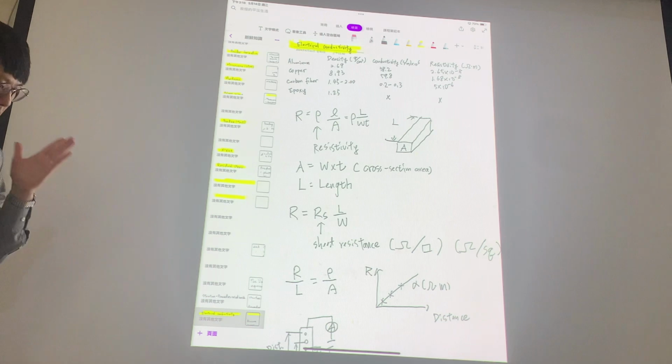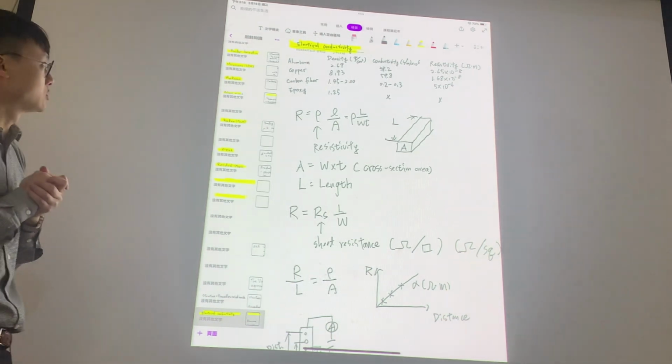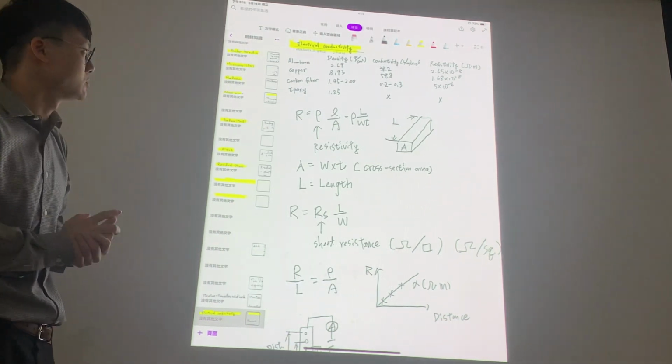This is the equation to measure the resistivity or the resistance.